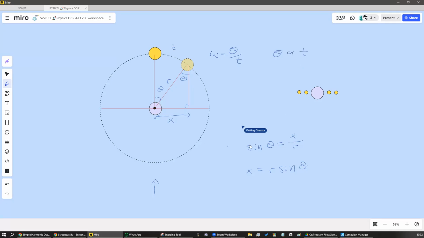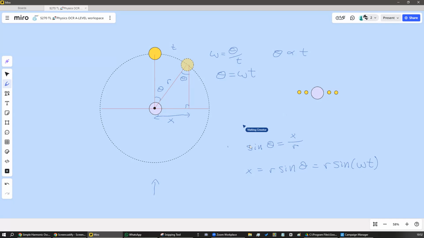In fact, we can come up with this relationship here. We can say that theta is equal to omega t. So we can sub that in. We can say x is equal to r sine omega t. So this is the relationship here.